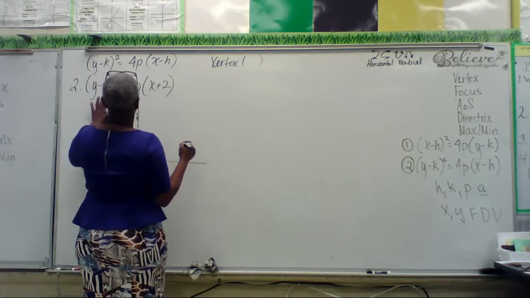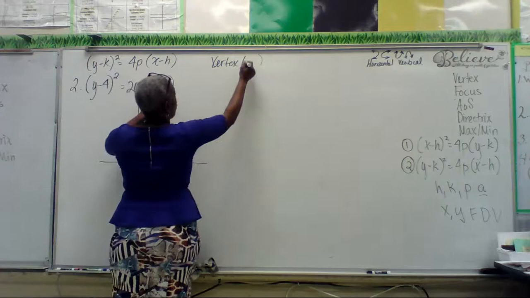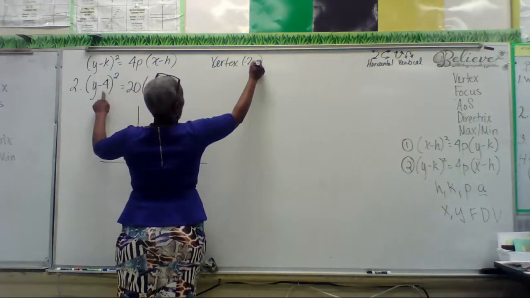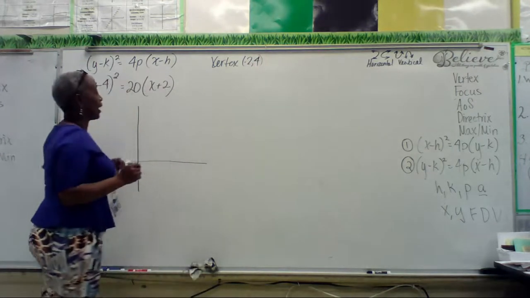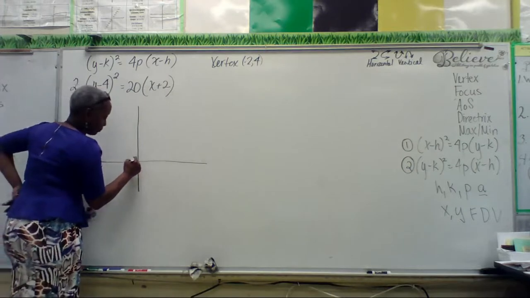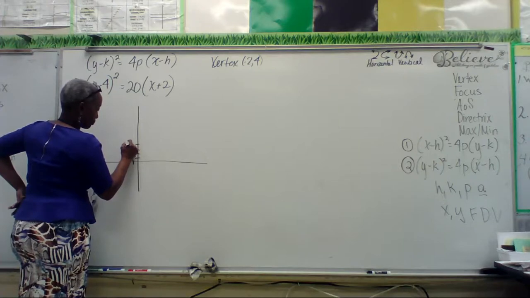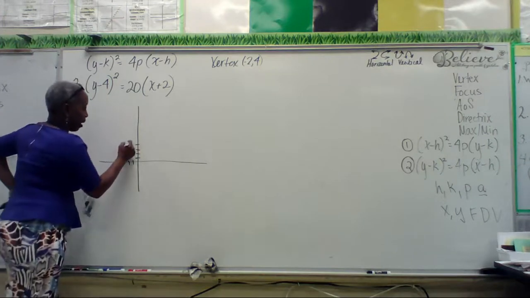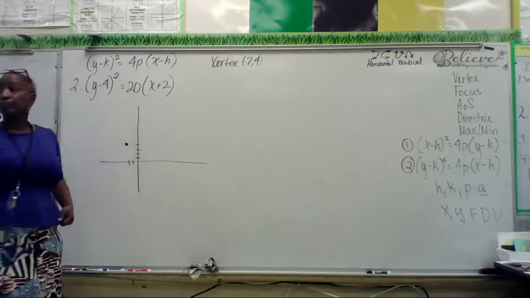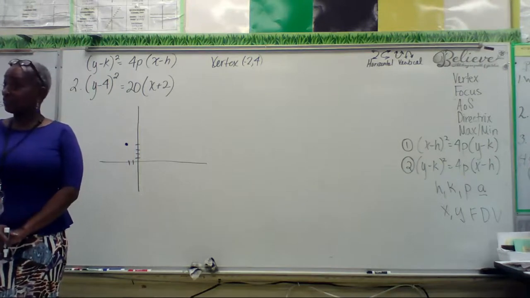Negative 2 and what? Positive 4. Very good. Okay? So we come over here, negative 2 and positive 4. Alright, can I draw my axis of symmetry? I can? We just had that discussion.